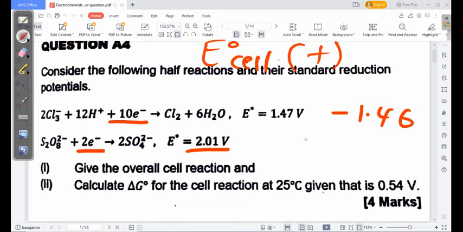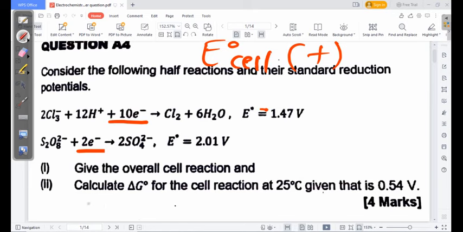Now if you add the 2.01, are you going to get a positive value or a negative value? A positive value. Now, what if we did the opposite? Would it still be positive or negative? Okay, it would be a negative value.